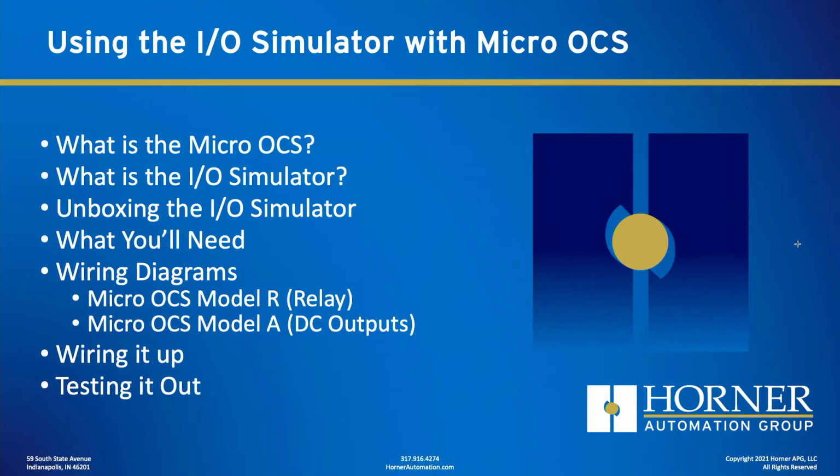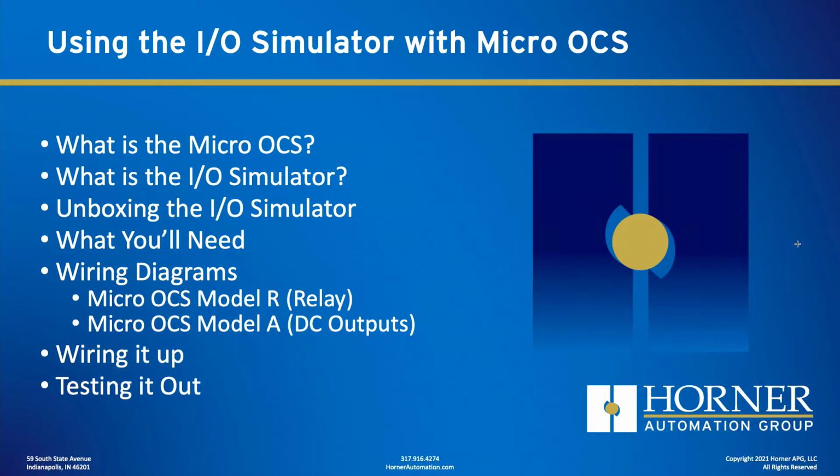Here's how I've broken down the topic for today. First, we're going to spend a few minutes talking about the Micro OCS and the I/O simulator individually. Then we're going to do a quick unboxing of the simulator. We've made some changes over the past few months, and we wanted to show those to you. We're going to talk about what you'll need from a tool standpoint. Now, you can use the I/O simulator with just about any controller out there, PLC, all-in-one controller, you name it.